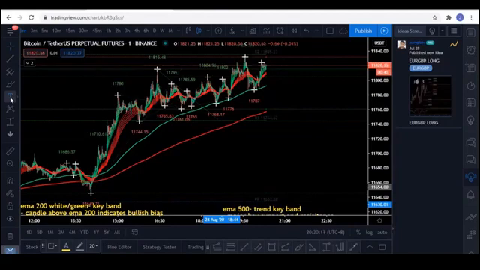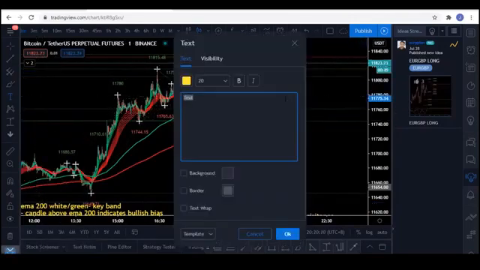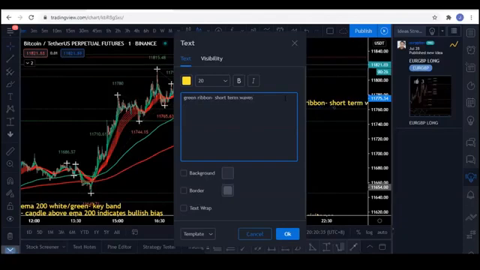Our green ribbon is our short-term waves. And our red ribbon is our long-term waves.